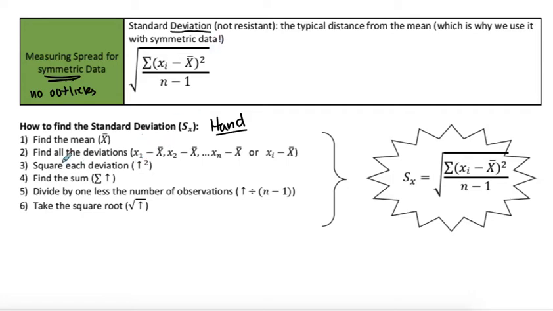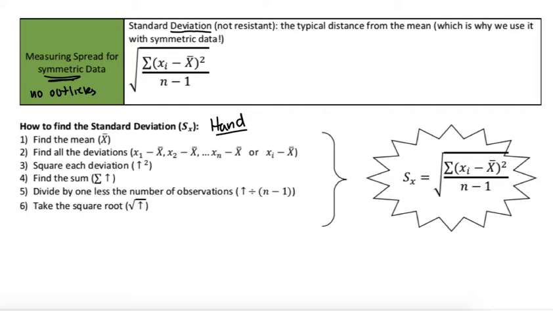So after we've squared each observation, making it positive, added those all up, and divided by one less than the number of observations, the square root gives us the standard deviation. We've squared to make it all positive, and we square root to keep it a distance.